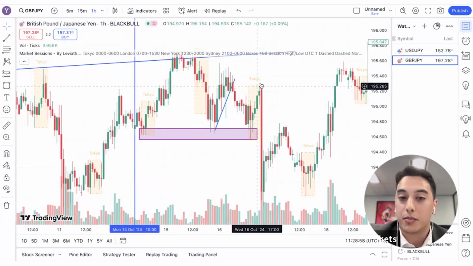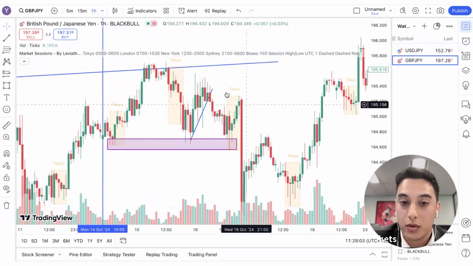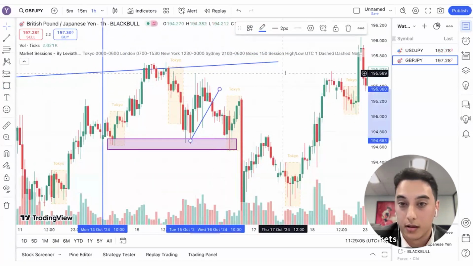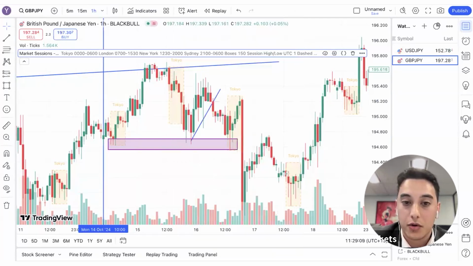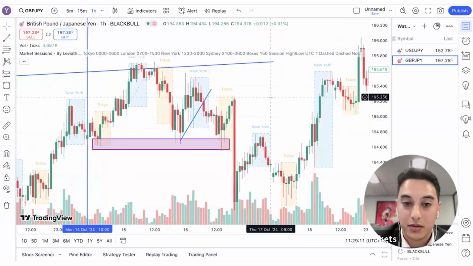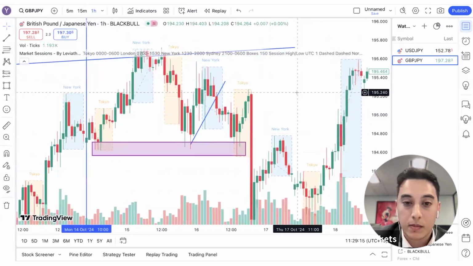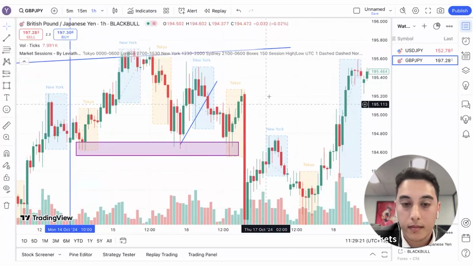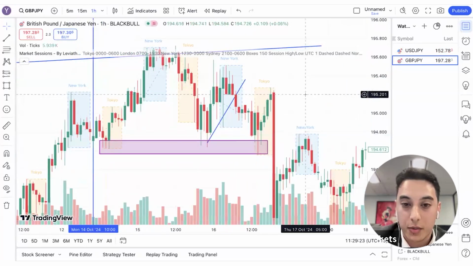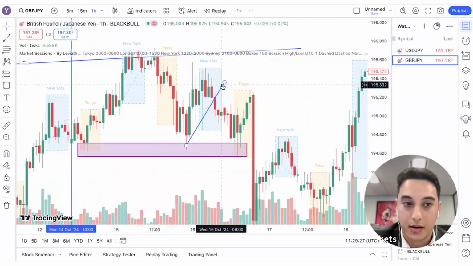But if you still had your bearish bias on the 1 hour time frame, where would you look to sell? And here sometimes having the New York would also be quite helpful. So essentially, we can see the breakout happened right here if we draw this line.